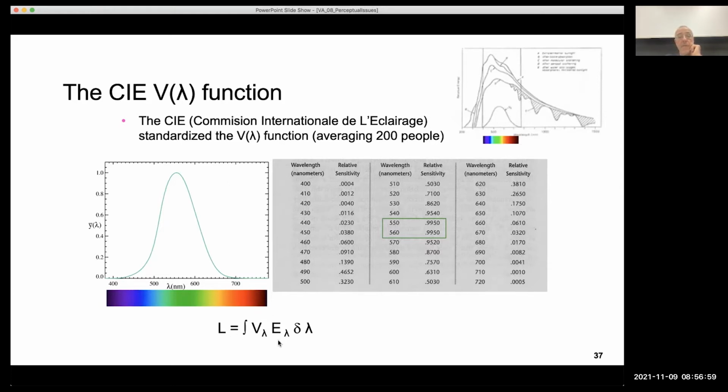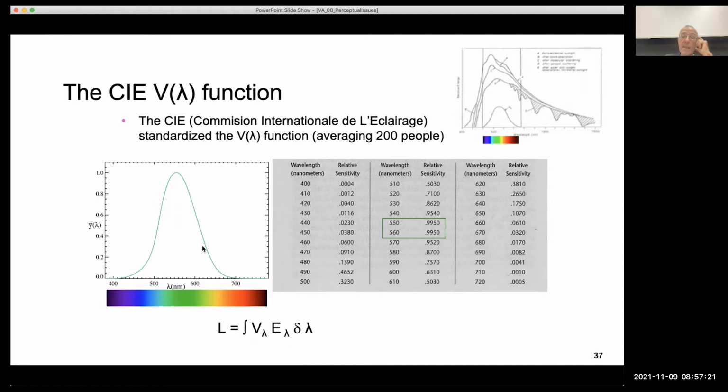Of course, this is a synthetic formula. It is not perfect, but it's a way to estimate how we perceive different frequencies. And this shape is very close to the sun power. Our eyes adapted perfectly to the power of the light.